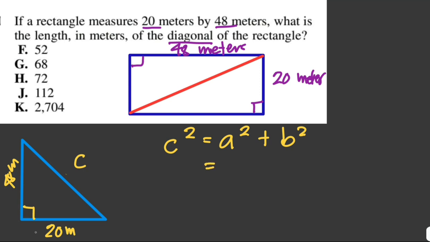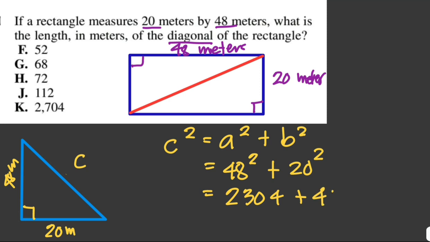Then we just plug in all the values. a is 48, so that is 48 squared plus 20 squared. And this is 2,304 plus 400. So c squared is just equal to 2,704.